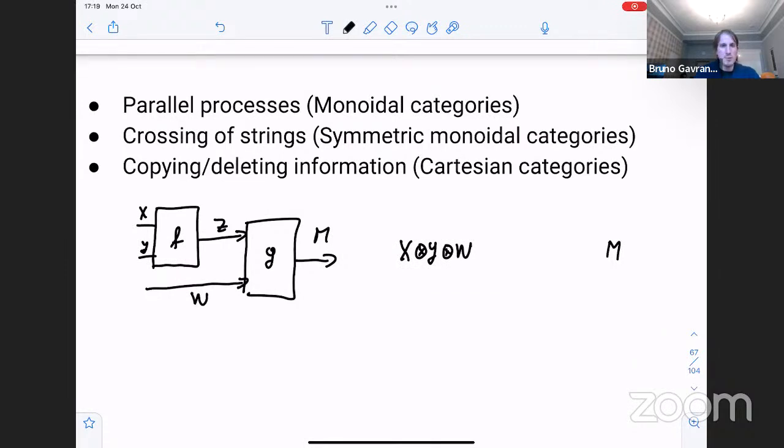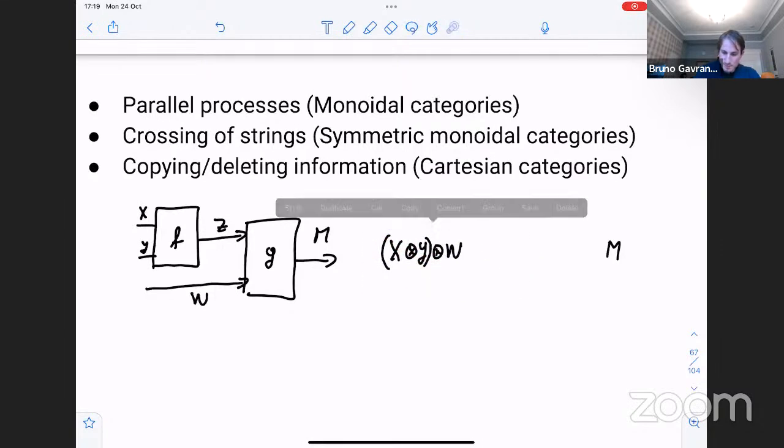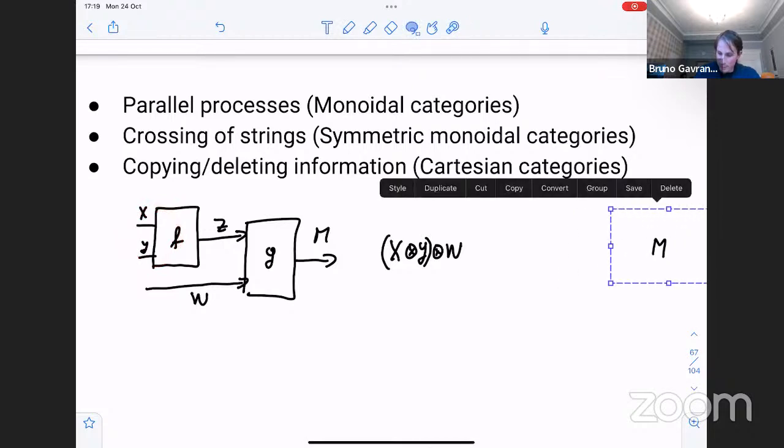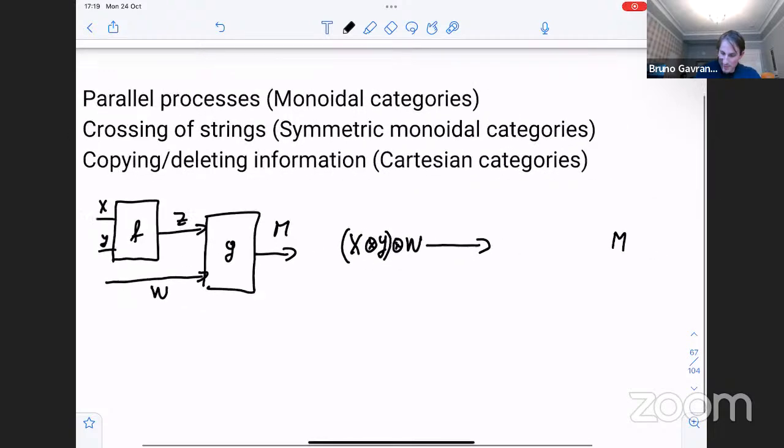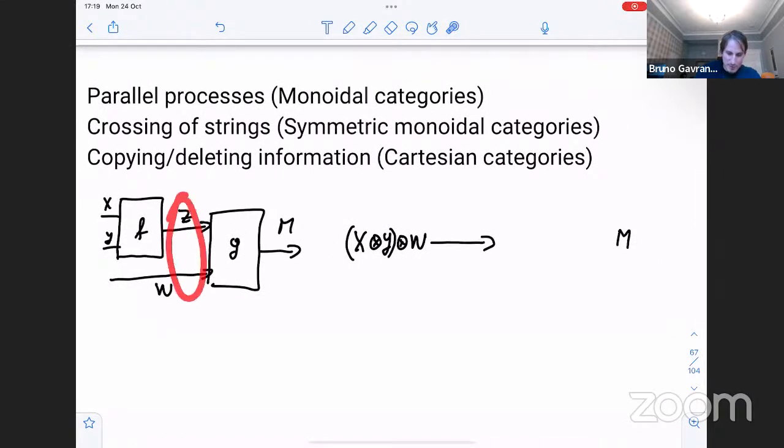To be absolutely precise, I'm actually going to take care of the bracketing, because we're going to be interested in first using X and Y together with F. So these are going to be our domain and codomain of our morphism. As we draw this morphism, we're going to draw it as a composite whose intermediate object is going to be Z tensor W. So what's remaining to fill is what morphism is this and what morphism is this.